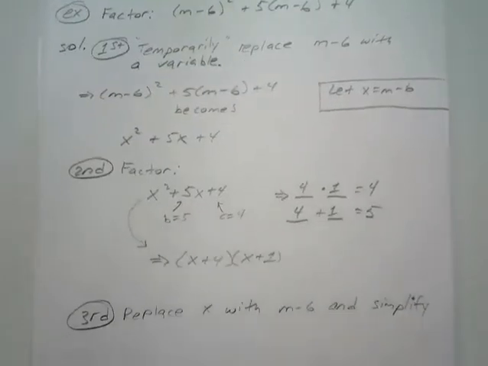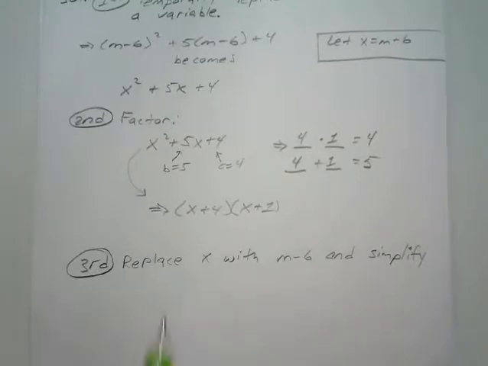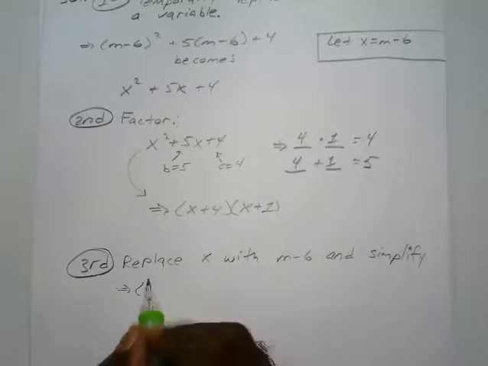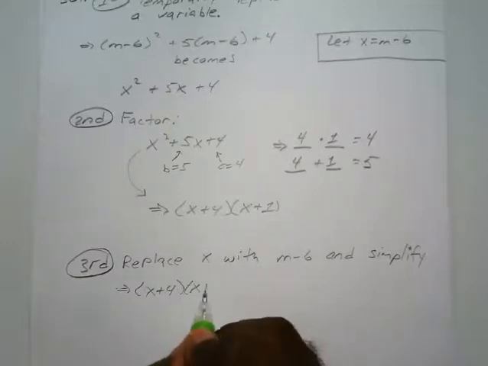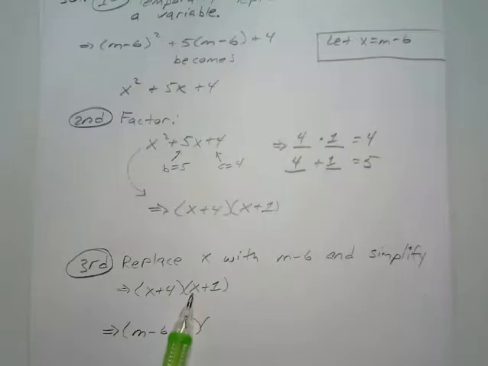So we have our x plus 4 times x plus 1. If we replace x with m minus 6, that will become m minus 6 plus 4 and m minus 6 plus 1.